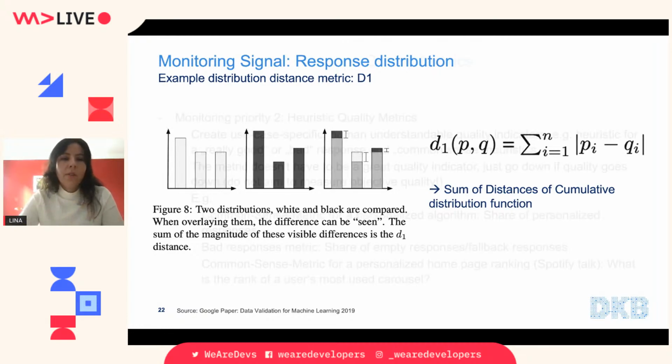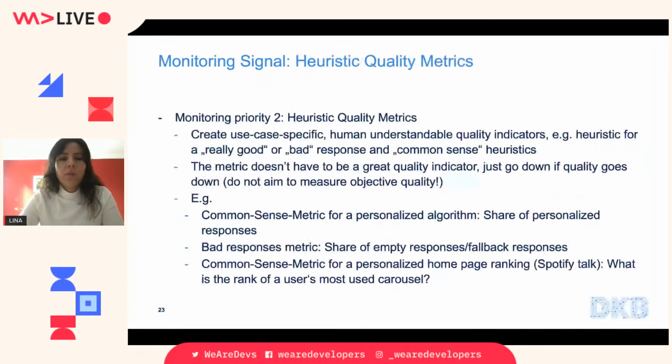Then I would recommend to you as a priority 2 when monitoring machine learning applications to use quality heuristics. So you create a heuristic which is human understandable and serves as a quality indicator. For example, a really bad response or a really good response or some common sense heuristic.